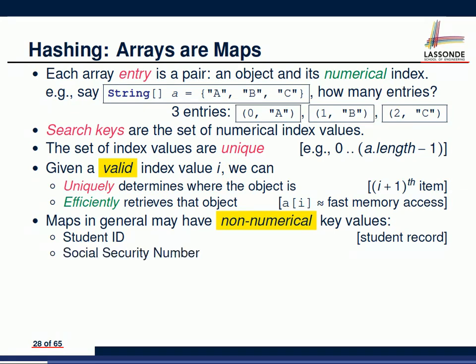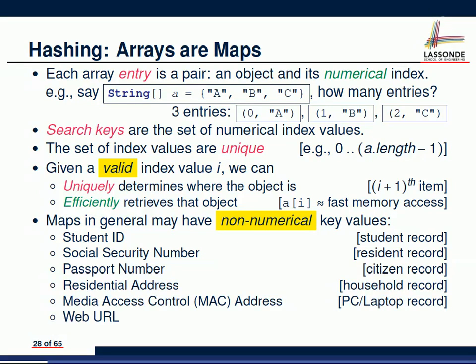Or it can be a social security number, if you want to store all the Ontario residents' records. Also, you can use a passport number to store all the Canadian citizens' records, and so on. The point is, once we learn about this lecture, you should realize the keys are a very general idea. They do not have to be integers. They can be any object type, anything.